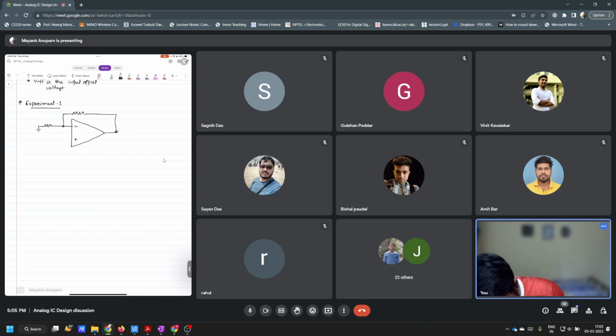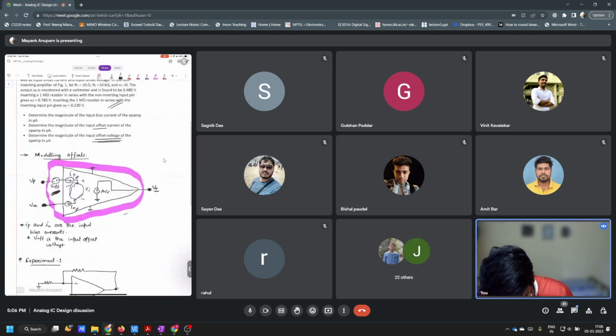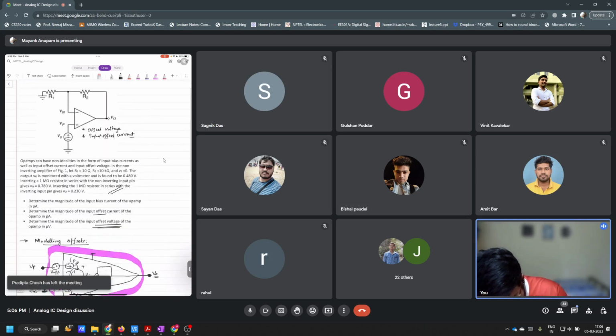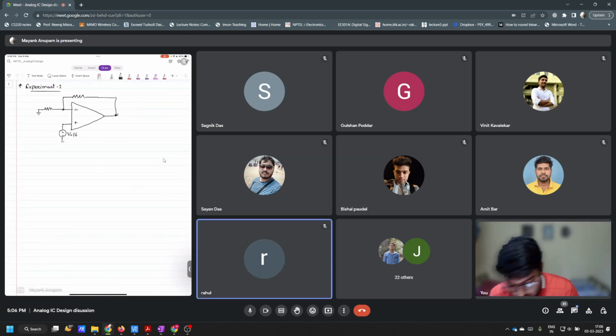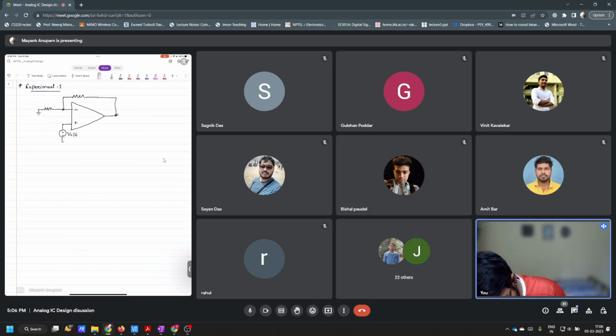Now let's model this offset here like this, V offset. And by the way, this Vs here is assumed to be 0, you ground it. As I said, this V offset is a part of the op amp itself, right? You cannot do anything about it, isn't it? This is a part of the op amp itself and you cannot do anything about it.